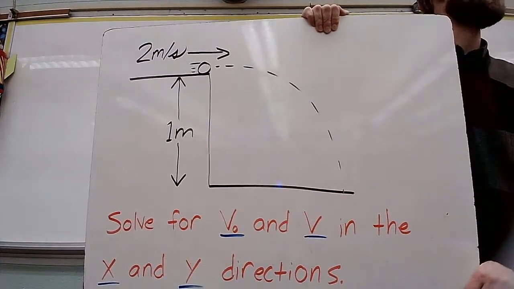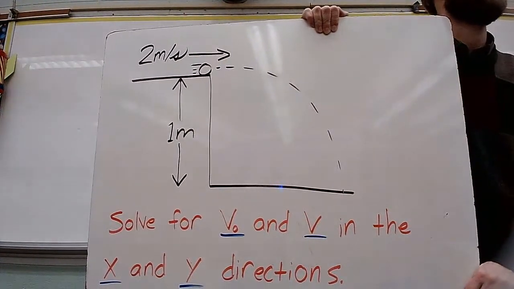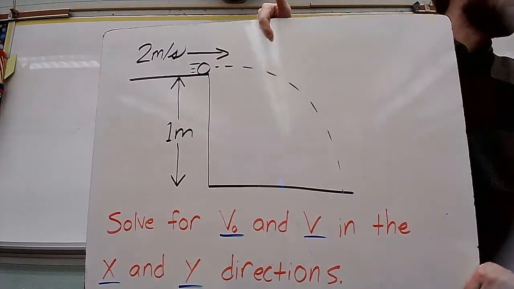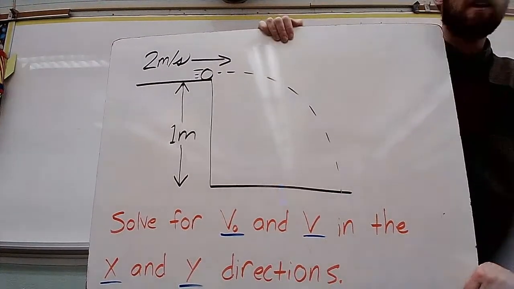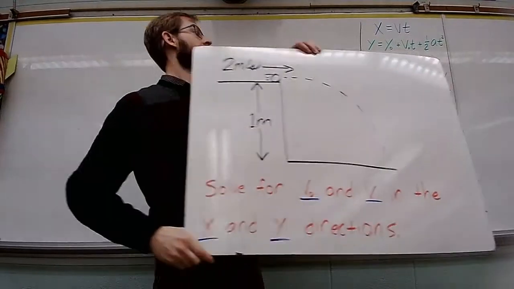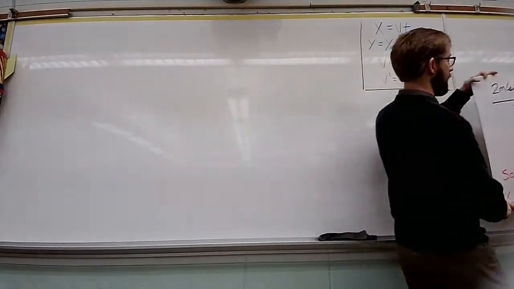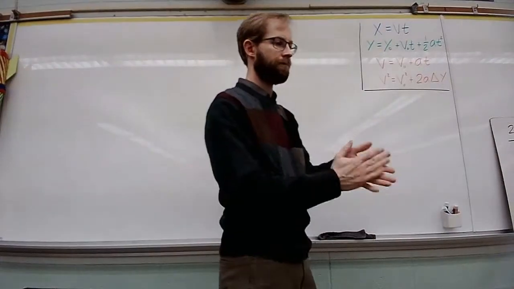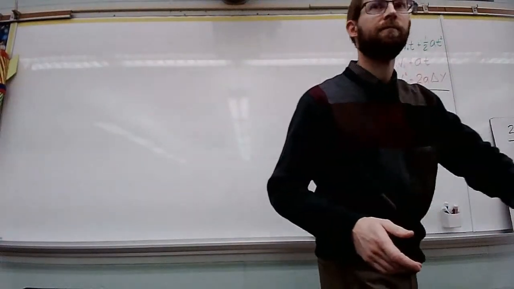Vertically, what is the original velocity? 0, because it's rolling horizontally off the table. So when we deal with that vertical equation, the original velocity will be nothing here. And of course, the final vertical velocity is something we'll have to calculate. Anybody get a number for that? That's okay.